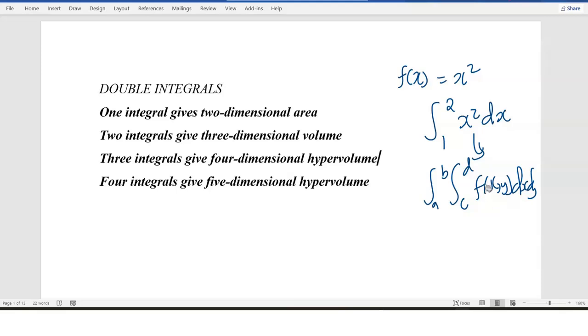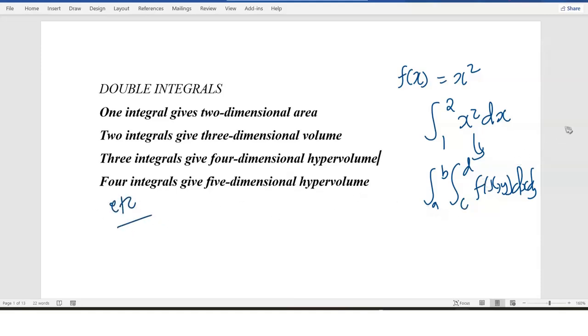If I multiply by the distance in the y direction from limits a to b, we will get a volume. And three integrals, of course, will give you a four-dimensional hypervolume. Four integrals give you a five-dimensional hypervolume, etc.